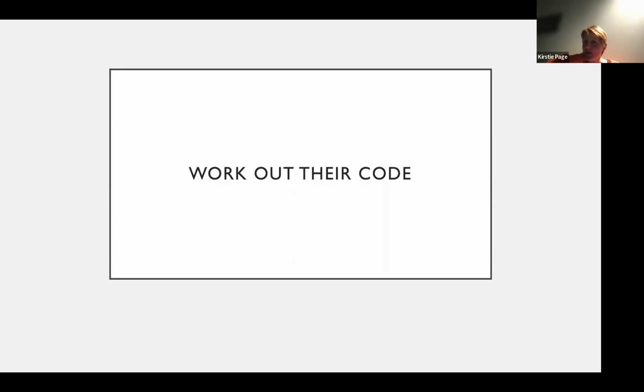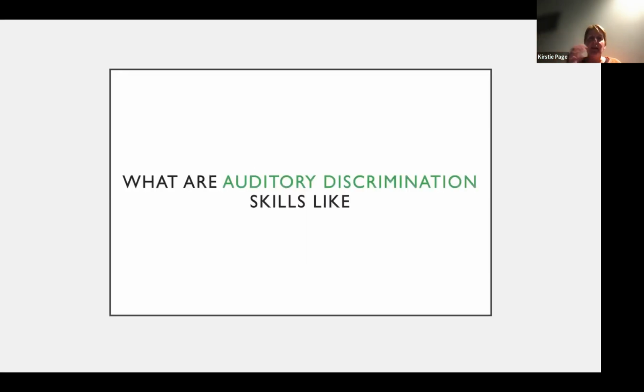Have I just got used to the way they say different things? If you've worked out their code, it means that you can go back in the future and think about, have they improved? Have some of those sounds that they used to swap now come into their words or not?